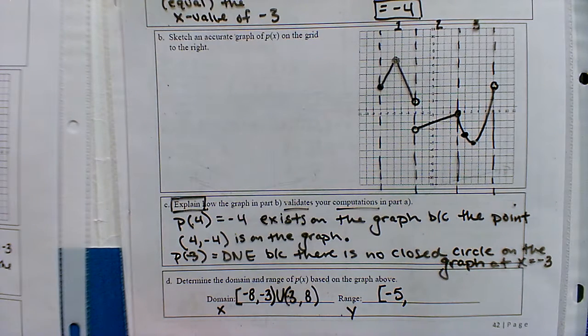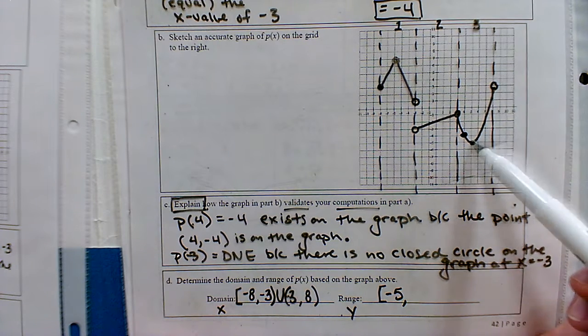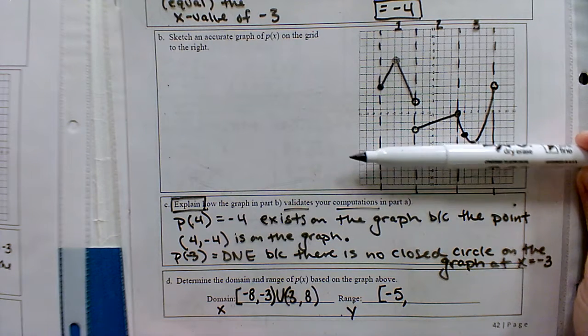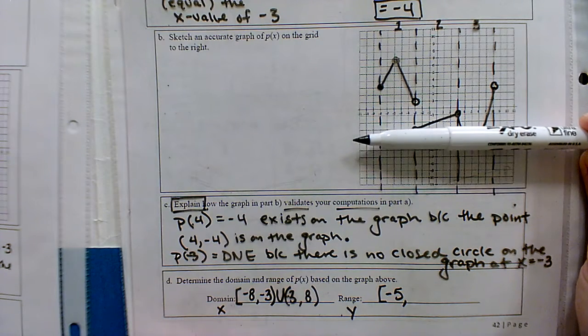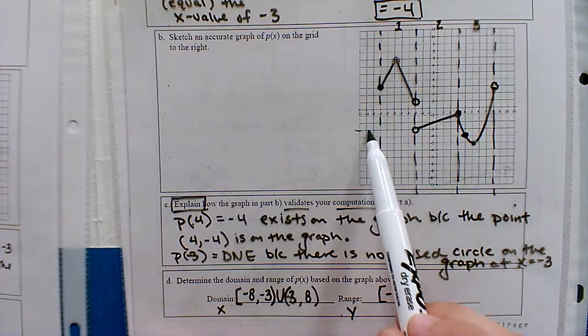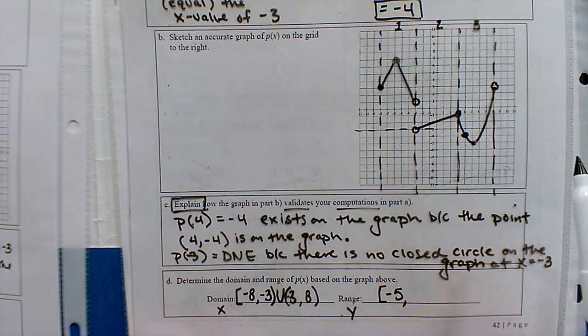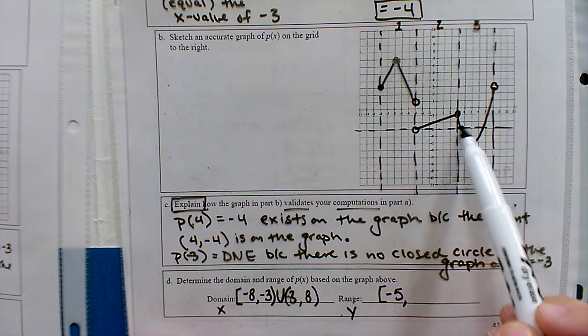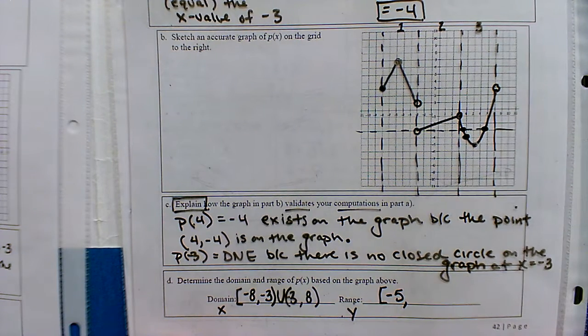Now here's the tricky part. Notice how you start at -5, right? I want you to imagine if you were to trace or drag your pencil going up the graph, there is a hole at -3, correct? But don't you have closed circles over here as well?